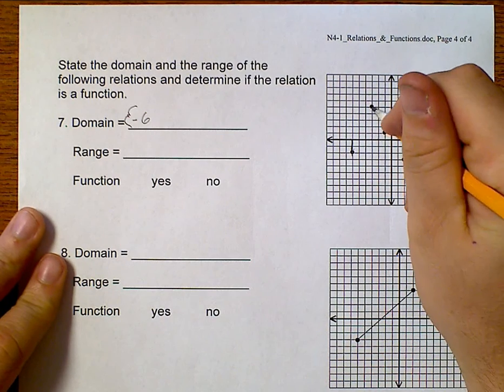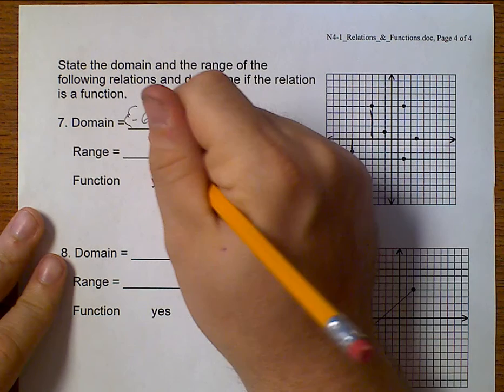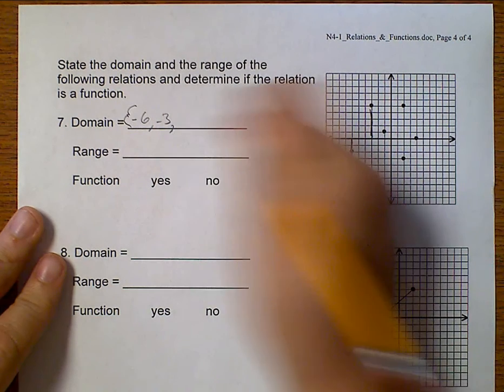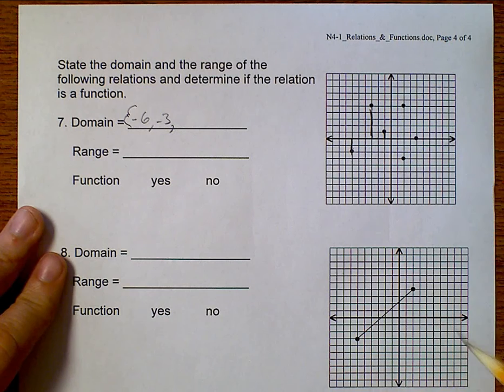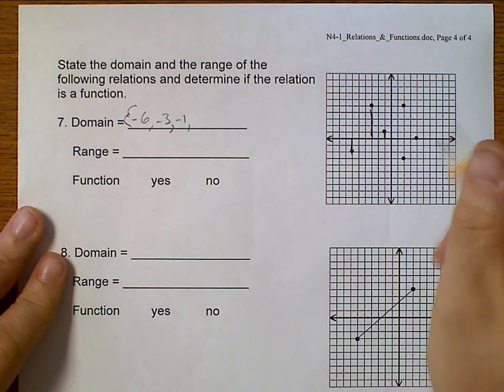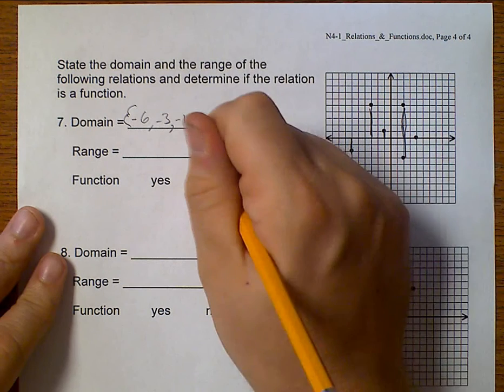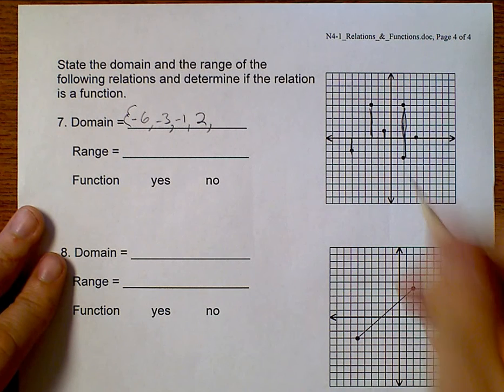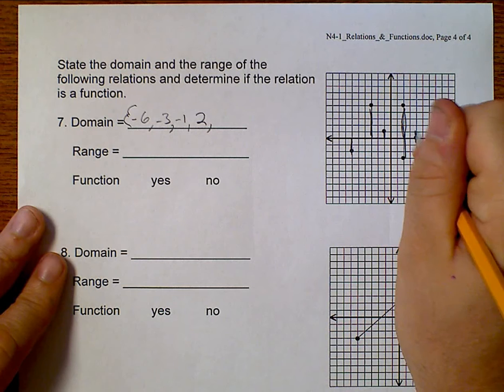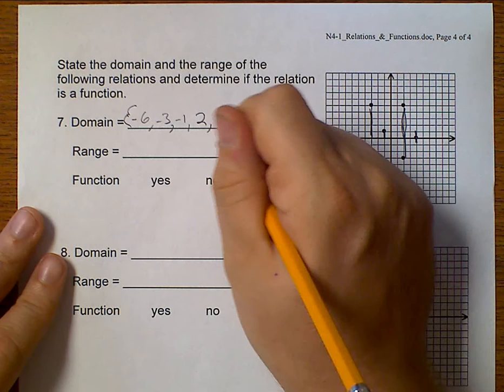This one is 3 left, so that would be negative 3. 1 left, so that would be negative 1. That would be 2 right, so it's 2. And 4 to the right, which is 4.